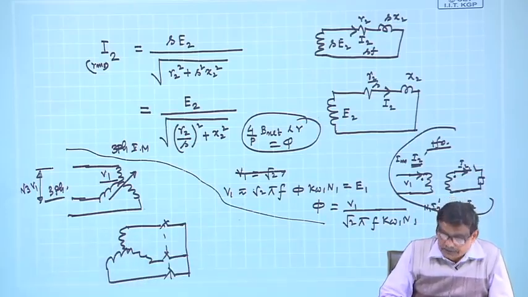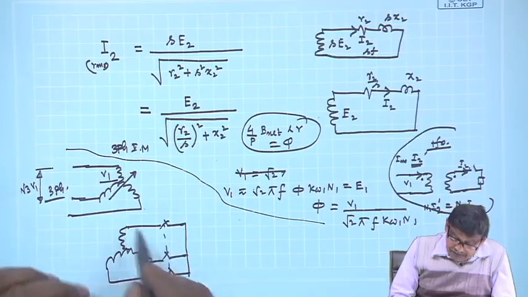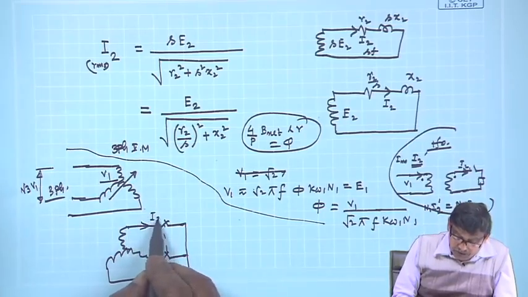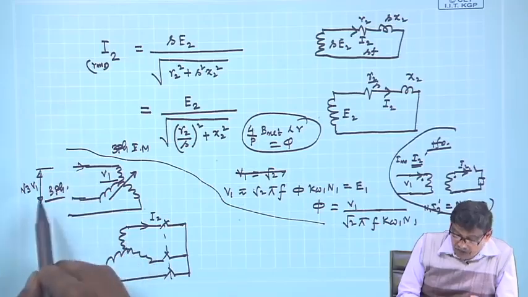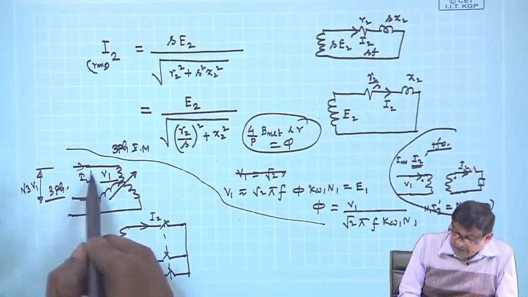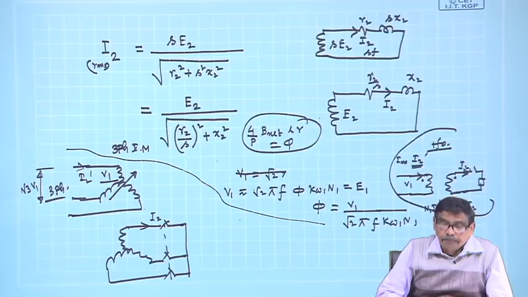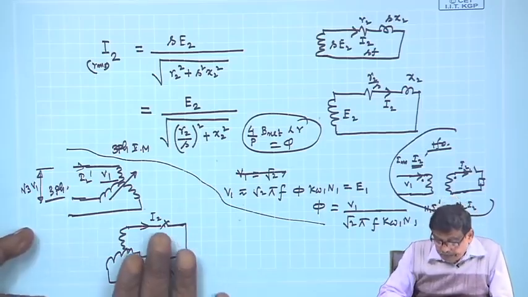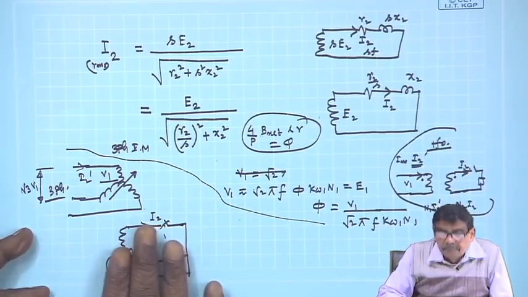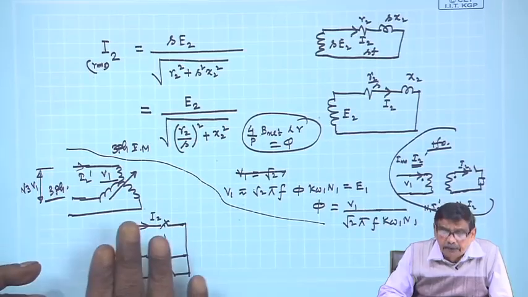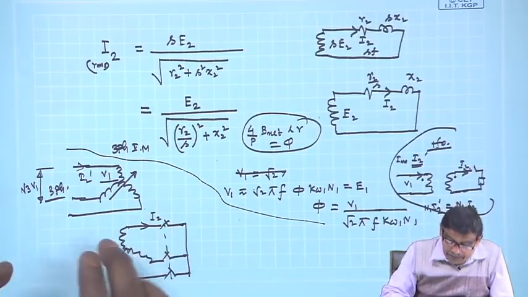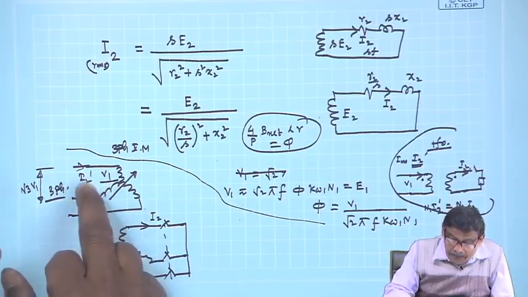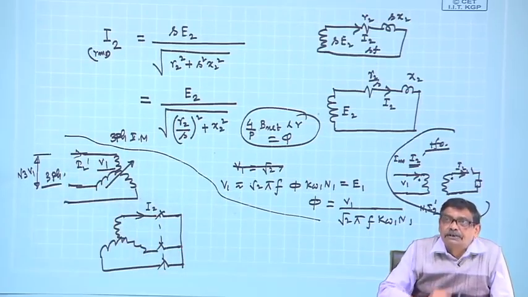It can remain constant provided the moment you try to draw current, primary will draw enough current I2 dash just like a transformer, such that the MMF or flux density created by this is handsomely balanced by the MMF which will be created by this additional current.